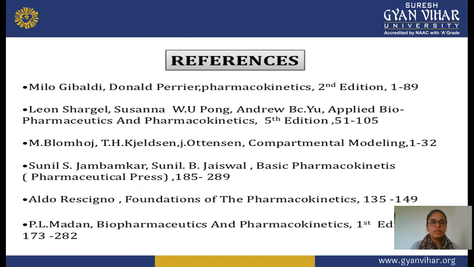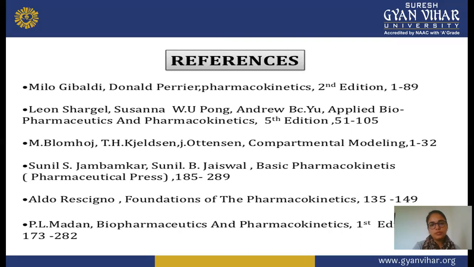Next is the reference part. First is Milo Gibaldi and Donald Perrier, Pharmacokinetics, second edition, pages 1 to 89. Second is Leon Shargel, fifth edition. Next is P. Brömhos, T. H. Kendallson and J. Odinson, compartmental modeling.